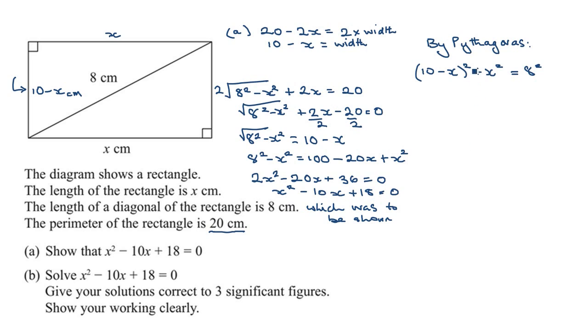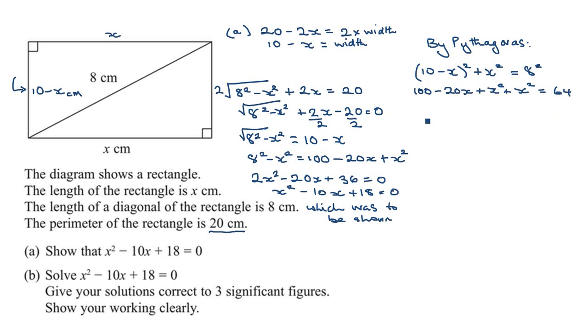Let's have a go. So again, this is two brackets multiplied together, 10 minus x times 10 minus x, giving us 100, minus 10x and minus another 10x, so minus 20x, plus x squared, minus x times minus x is x squared, plus another x squared, then this x squared that we had left, equal to 64.